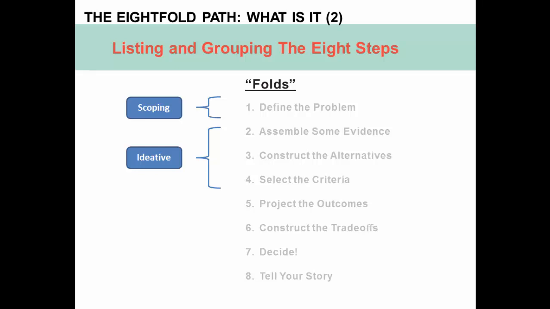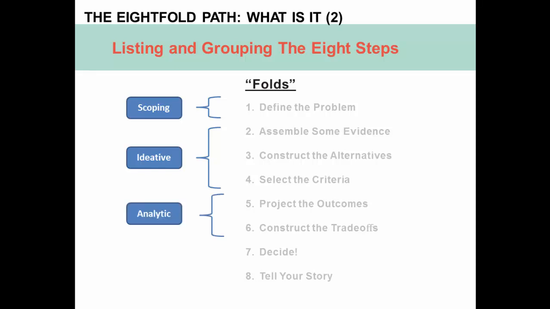We're assembling evidence, making ourselves smarter and garnering learning and understanding of the problem. We're constructing alternatives and thinking about possibilities for solutions, and then we're selecting criteria by which we'd be able to identify and measure the performance of those alternatives. Each of these efforts is part of an open-ended, creative, and ideative process.